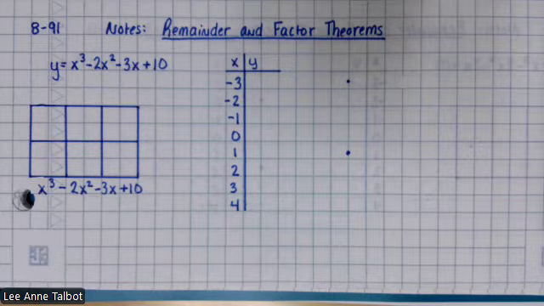I'm gonna do 0 myself because it's weird. You guys on your side are gonna do x minus 1. You guys are gonna do x minus 2. You guys are gonna do x minus 3. You guys are gonna do x minus 4.